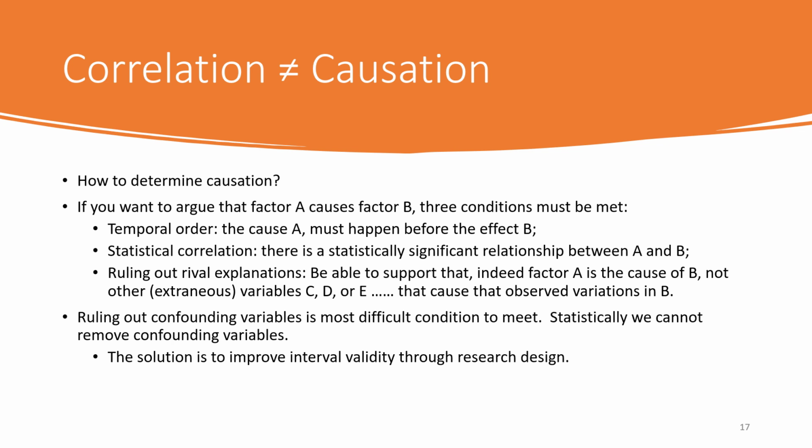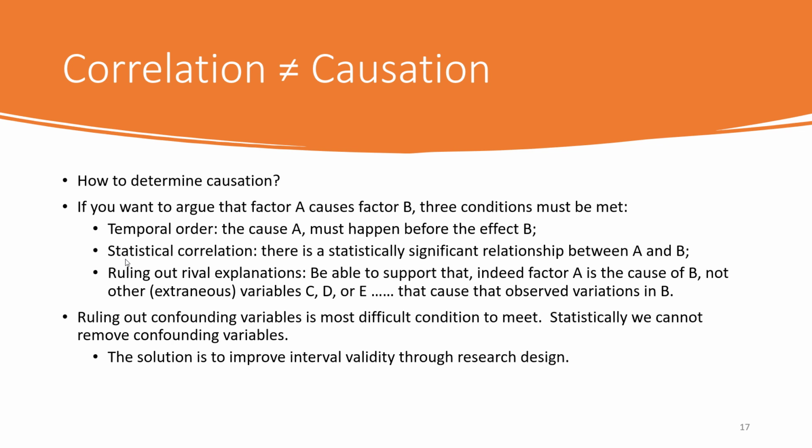If you would like to claim that variable A causes the changes in variable B, three conditions must be met. Number one is about the temporal order, meaning that the cause A must occur before the effect B. Number two, you need to provide evidence to show that the two variables have a statistically significant relationship.